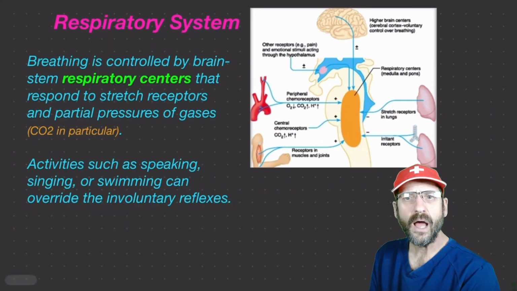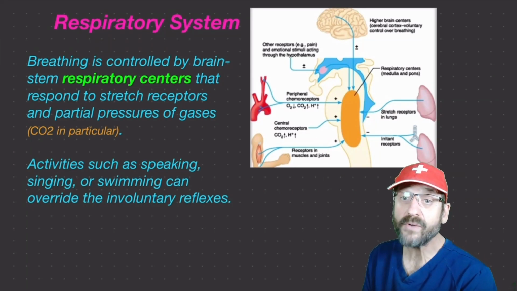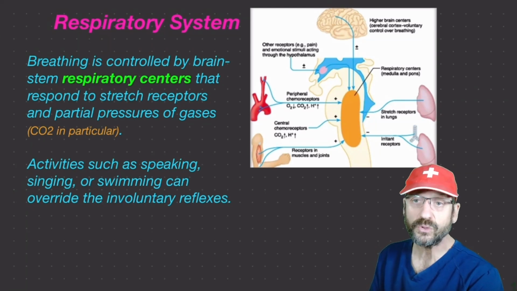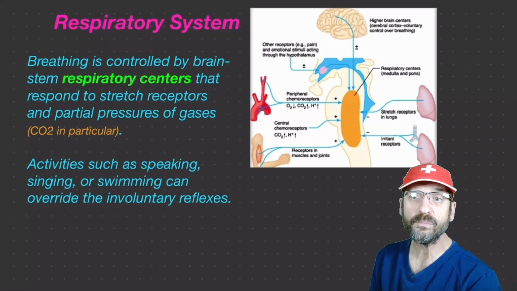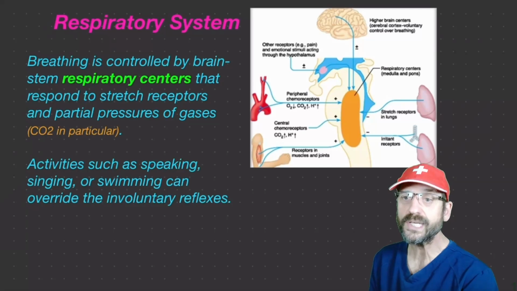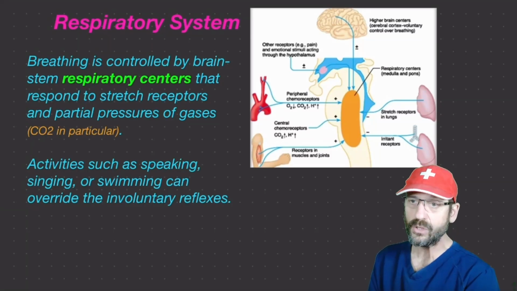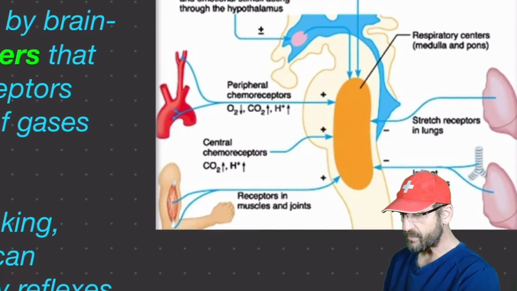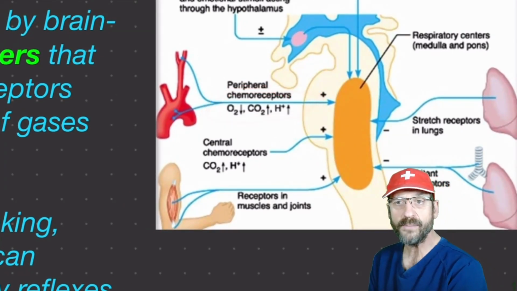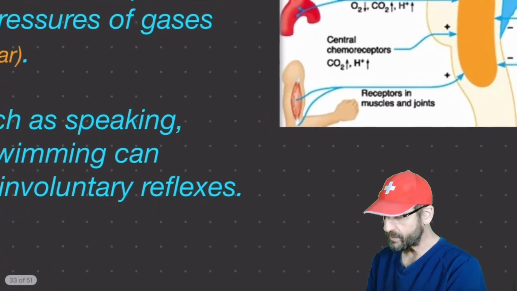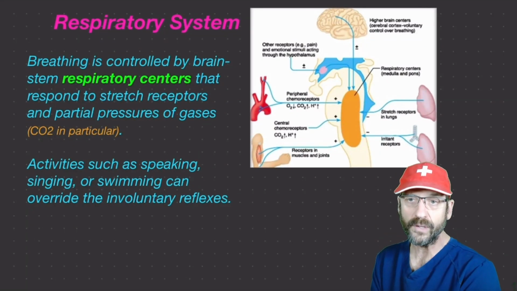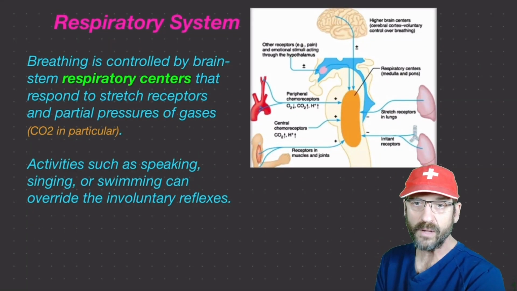Breathing is controlled by brainstem respiratory centers that respond to stretch receptors and partial pressures of gases, particularly the carbon dioxide. The other ones too, like you see here, they are measuring multiple of them, even the acidity, but the carbon dioxide is what really responds quickly, and then the stretch receptors as well.